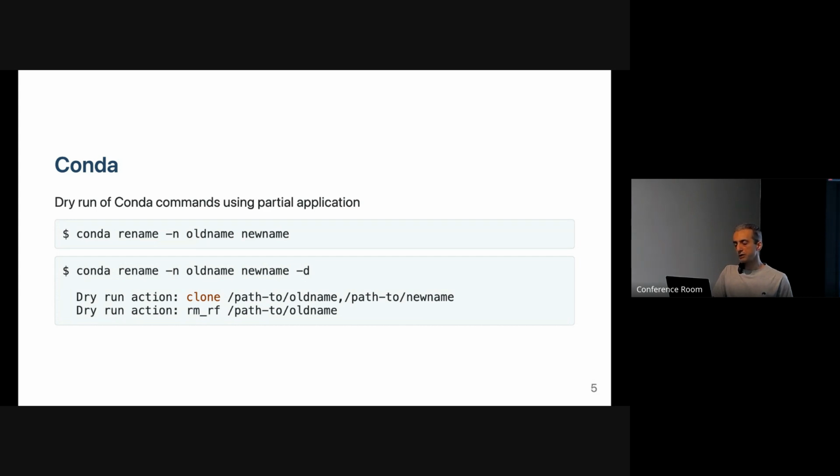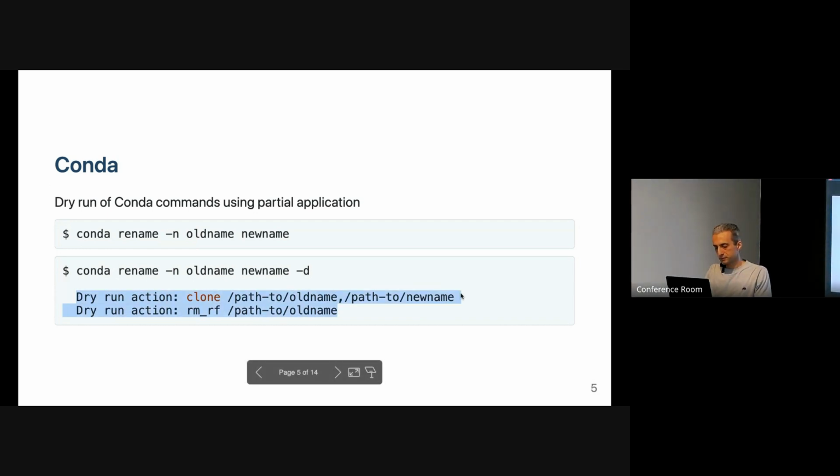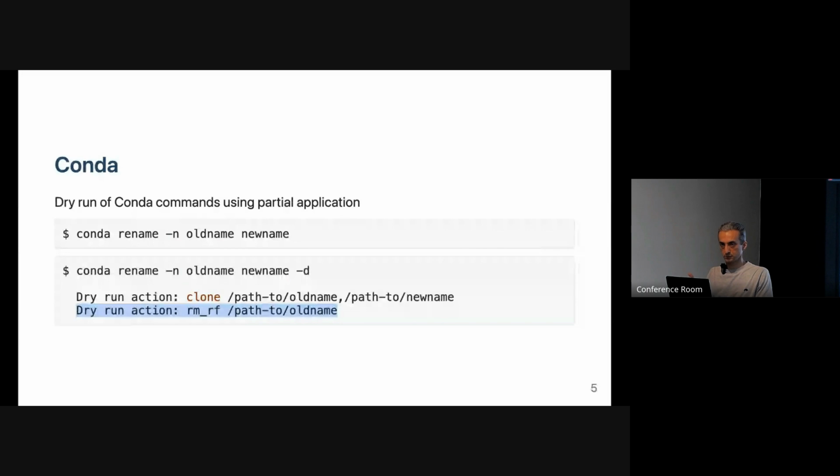And if you do a dry run on it, it would give you, without running the actual command, this. So if I run this command, I would clone this into the new path with a new name. Every name is a new path. And then rm -rf, remove the old one. That's a dry run. Yeah.